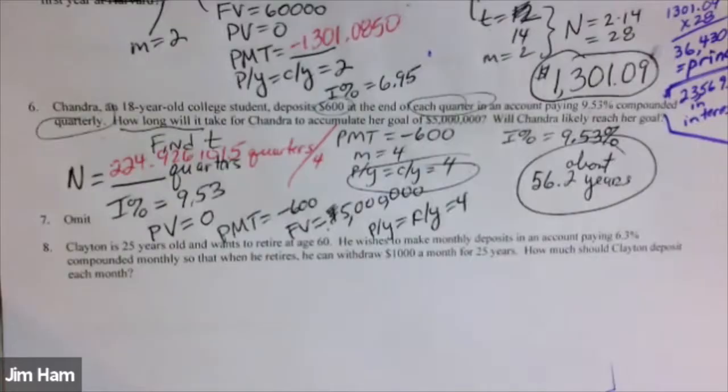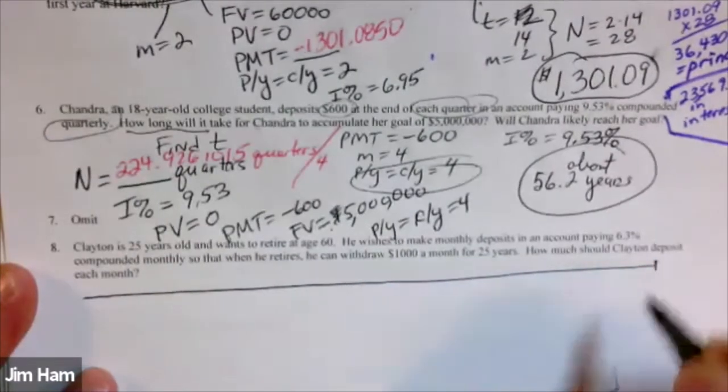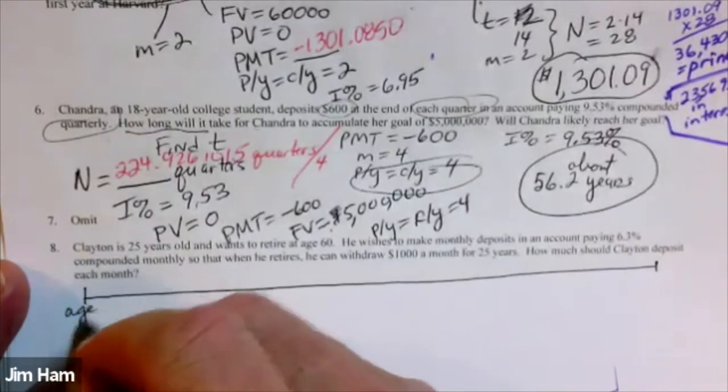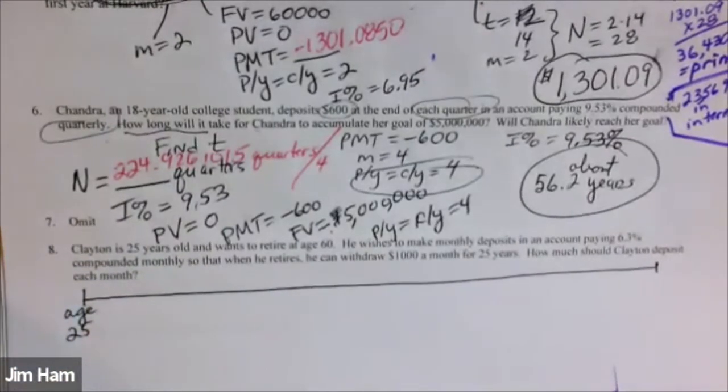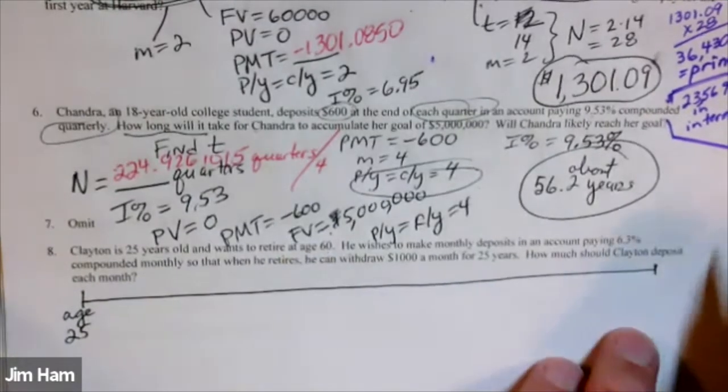Okay, so this next one, you'll recognize it because one like it appeared on one of your finance worksheets. So I would recommend here drawing the picture and breaking it down into 2 steps. So Clayton is 25 at the beginning, so here, age 25, and he wants to retire at age 60.